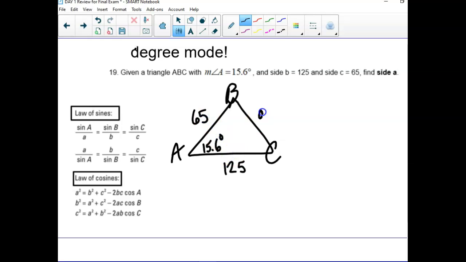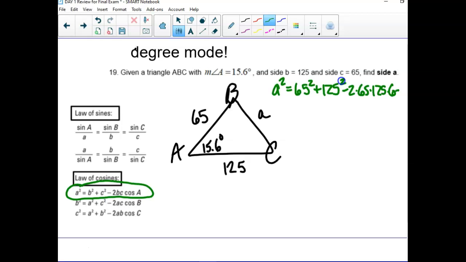And then find side A. Okay, what is that asking you to use, guys? Law of cosines, because you have two sides and an angle in between, okay? In particular, since you're trying to find side A, it would be this one, but A squared equals, you know, the sides are 65 and 125 minus 2 times 65 times 125 times the cosine of 15.6 degrees, and of course I ran out of room.